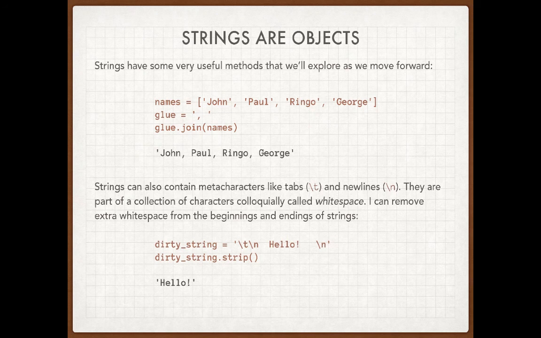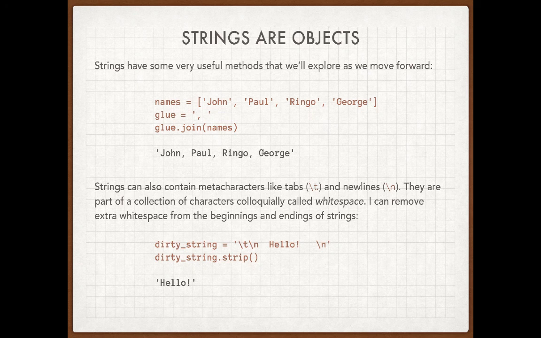So the glue makes one string out of everything in that list. Every string has this join method, and so I could actually concatenate together really interesting strings out of lists just by changing whatever glue happens to be. This is a really handy one. Here's one at the bottom that we'll see a ton when we get to data cleaning.